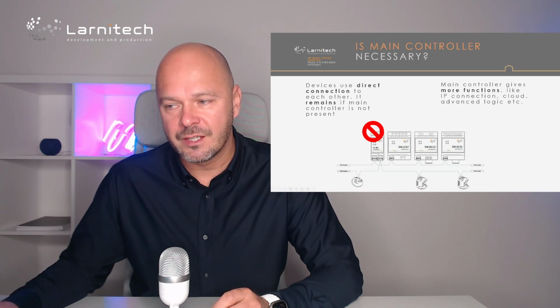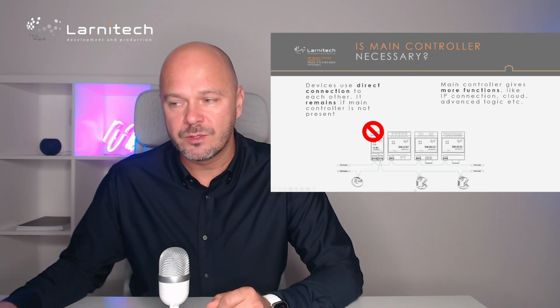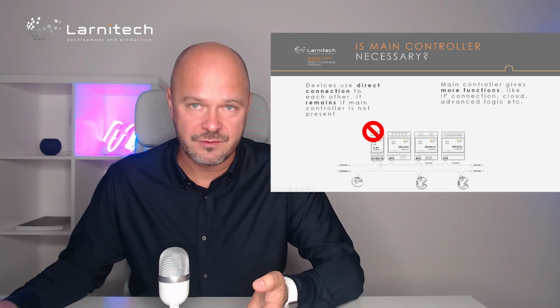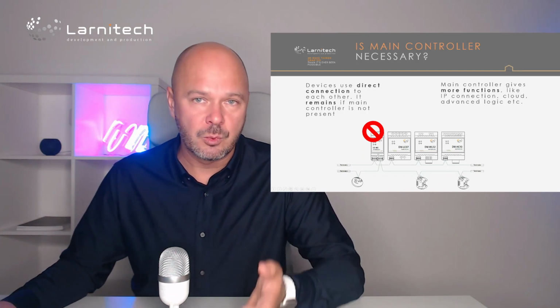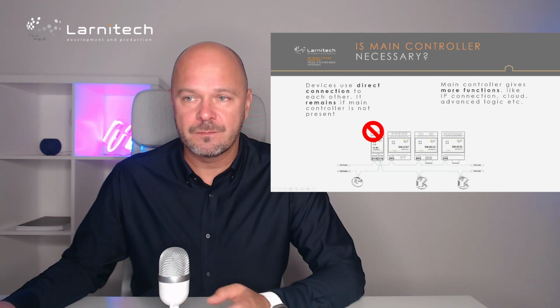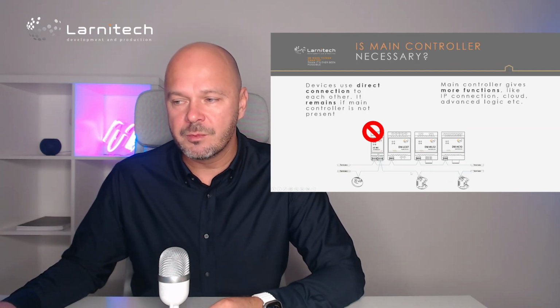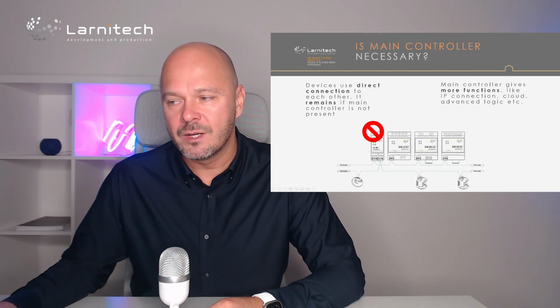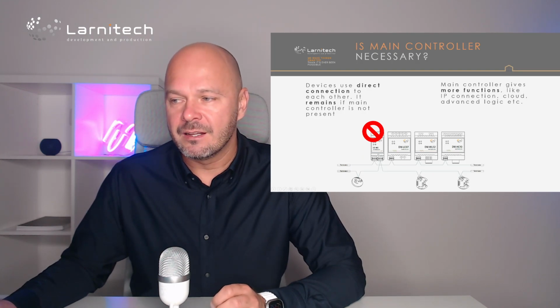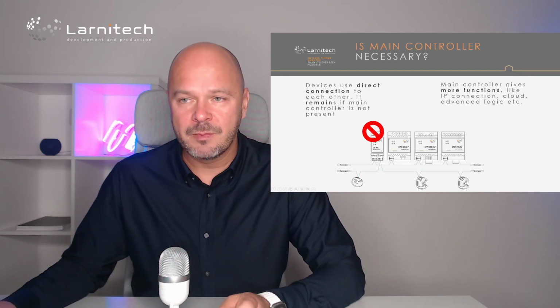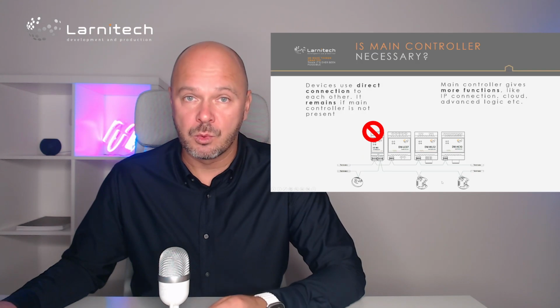The command will go directly to the device, which will turn on the light, for example, or cut the water if there is a water leakage. So we use distributed intelligence, and inside one bus, without the main gateway, it will work.